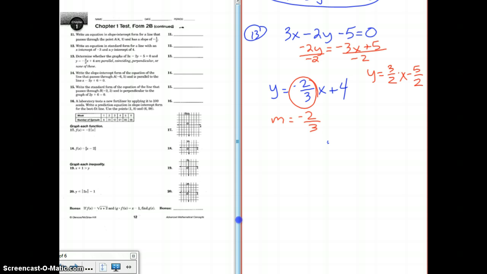So if I take a look at my slopes here, I have -2/3 and +3/2, which are opposite signs, and they're reciprocals, so I actually have perpendicular lines.